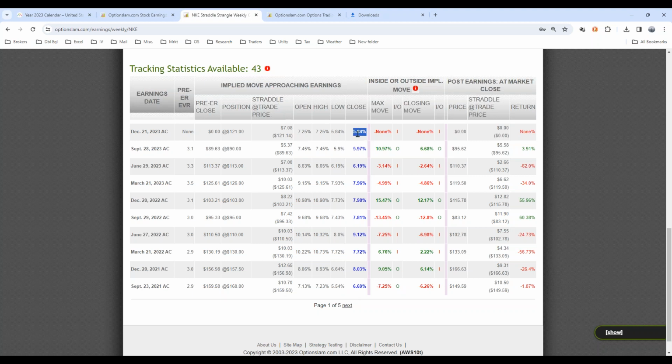Where is the implied move now? It is low compared to all of these others. Trader A is going to say, oh, well, I can buy premium on the cheap.